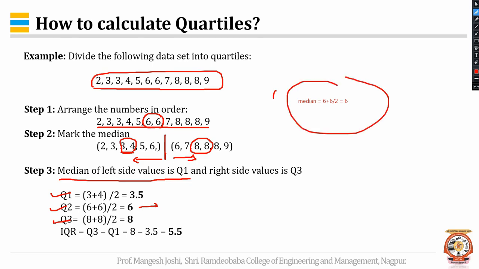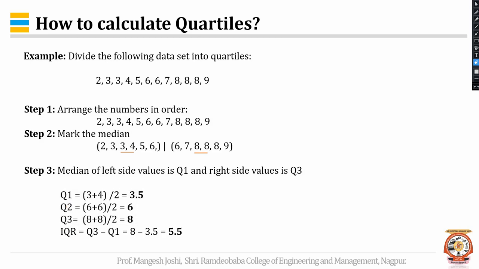In this way you can calculate Q1, Q2 and Q3. Now what is inter-quartile range? It is nothing but Q3 minus Q1, that is 8 minus 3.5, which is 5.5. In this way we can calculate quartiles as well as inter-quartile range.